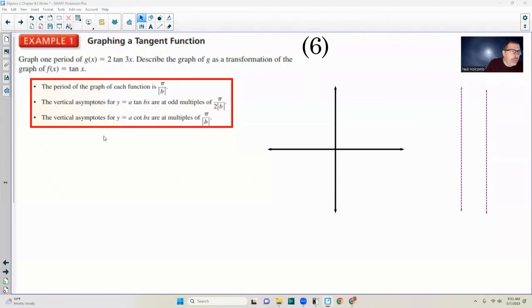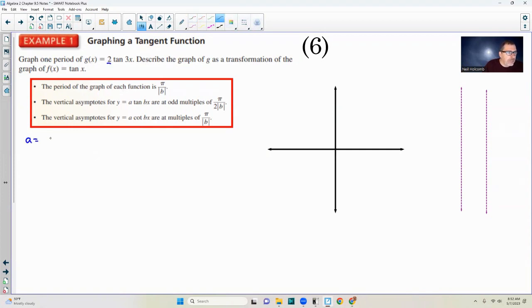All right, so here's example 1, graphing a tangent function. It says to graph one period of g of x equals 2 tan 3x. Describe the graph of g as a transformation of the graph of f of x equals tan x. So I brought in the rules from the previous core concept, and the period of the graph of each function is pi over the absolute value of b. The first thing I'm going to do is identify my a and my b.